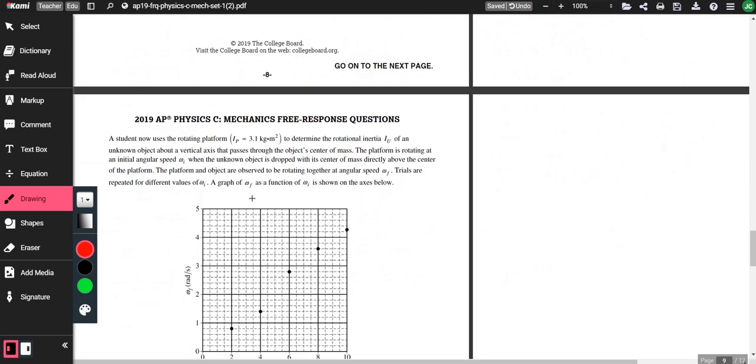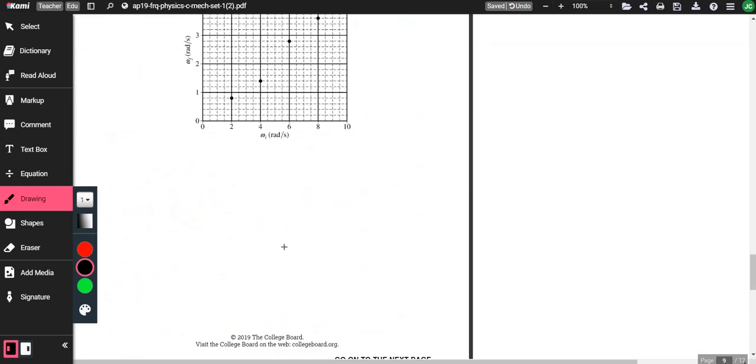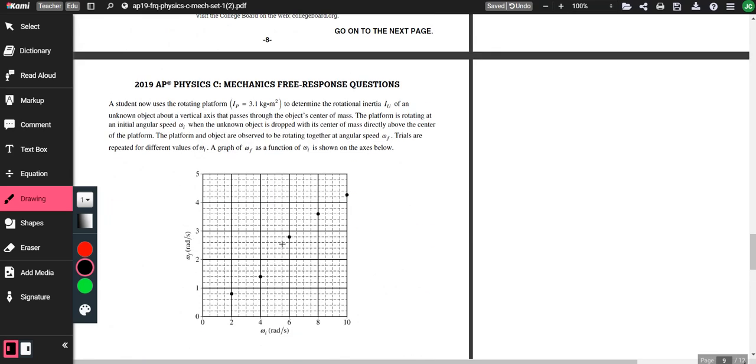All right, let's go down here. Okay, so they give us this graph, and then there are a few other questions down below. This is basically a graph of all the different final speeds relative to the initial speeds.